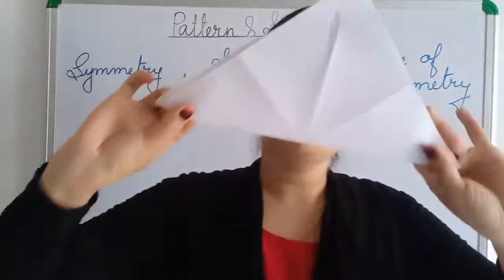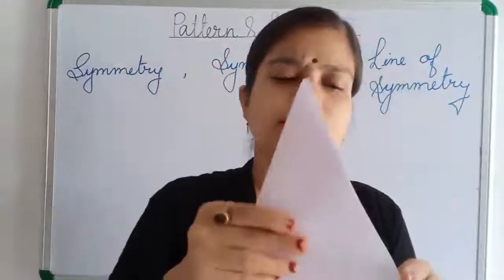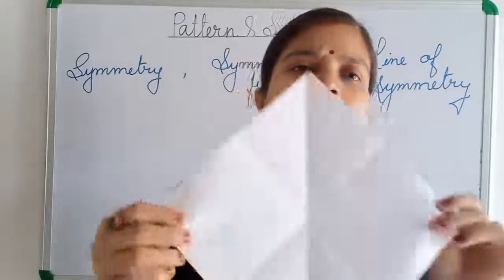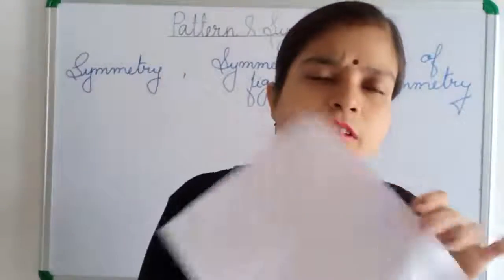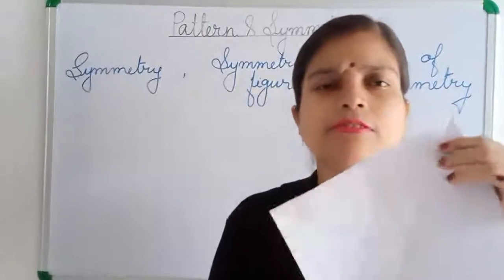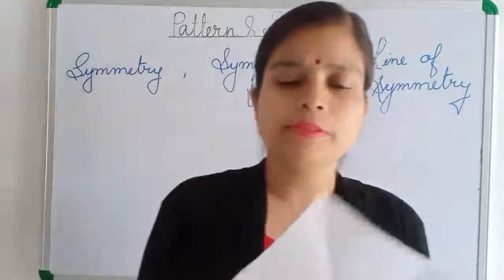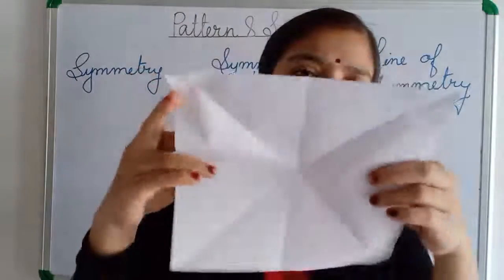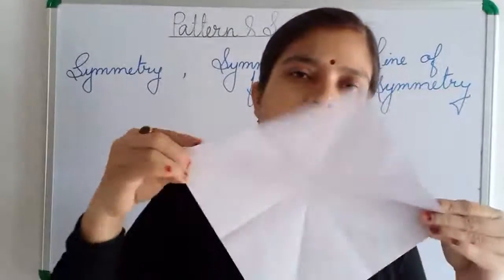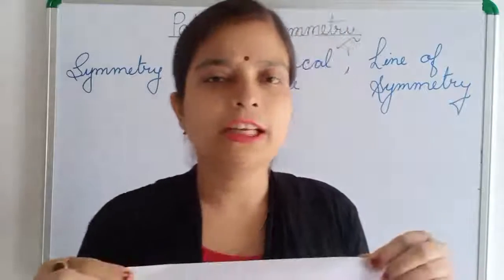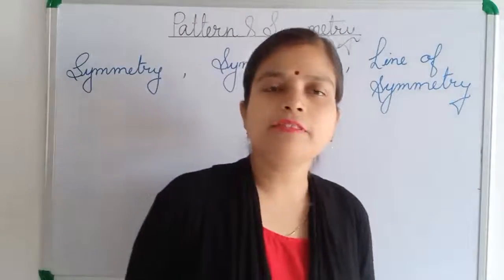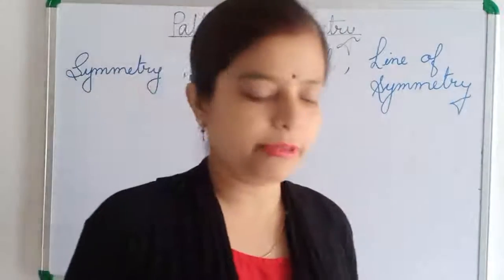This is also covering each other. Both the parts are covering each other, means we can divide this paper into two equal halves through this line also. So this square paper has 4 lines of symmetry. 1, 2, 3 and then 4 lines of symmetry. And that rectangular paper had only 2 lines of symmetry.